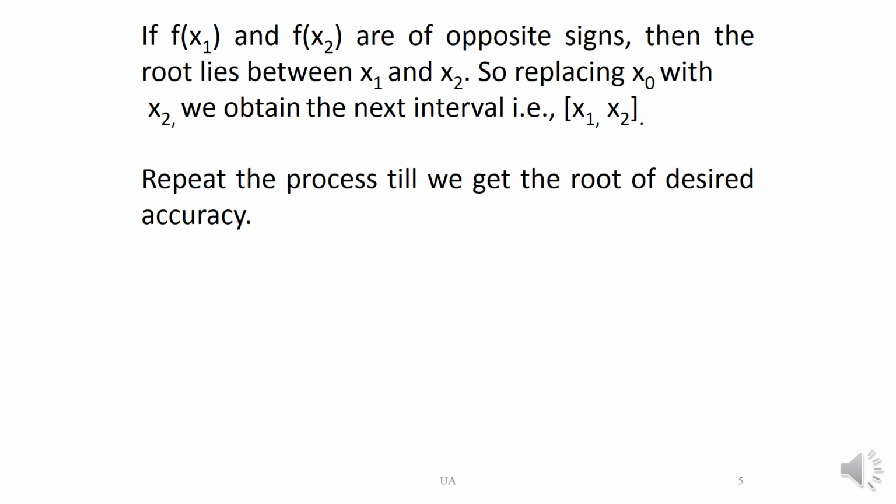Now we check again. If f(x1) and f(x2) are of opposite signs, then the root lies between x1 and x2. So replacing x0 with x2, we obtain the next interval.